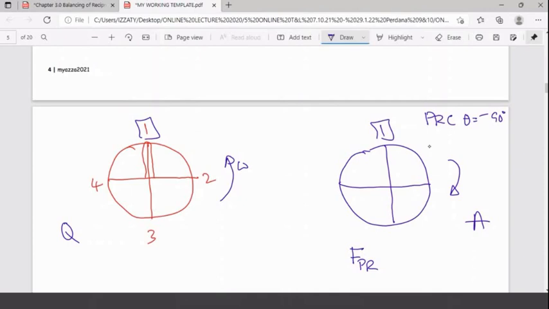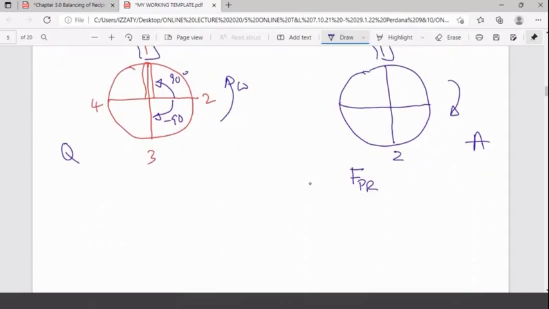So if 2 now moves 90 degrees following the given direction, remember for the reverse, it also moves 90 degrees but in the opposite direction. So instead of moving counterclockwise, it will move clockwise, negative 90. So 2 will be here. Correct or not? Yes or no?